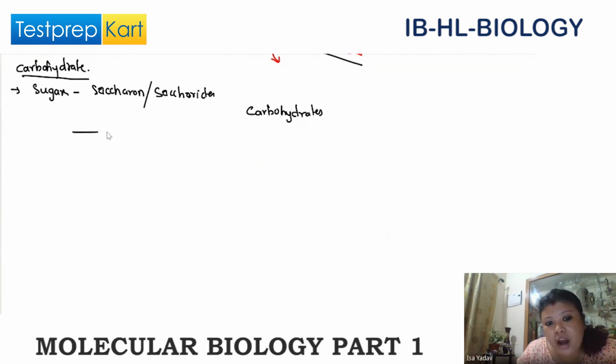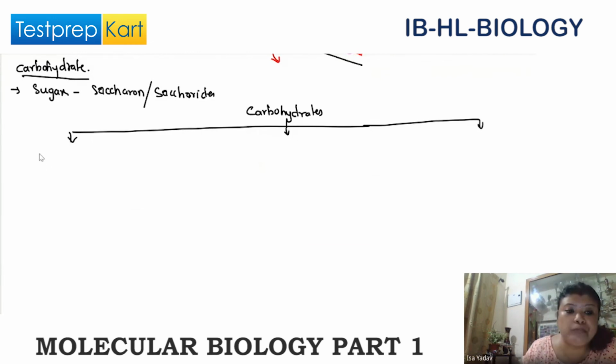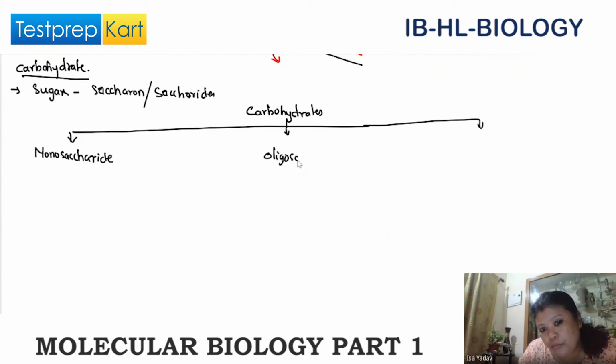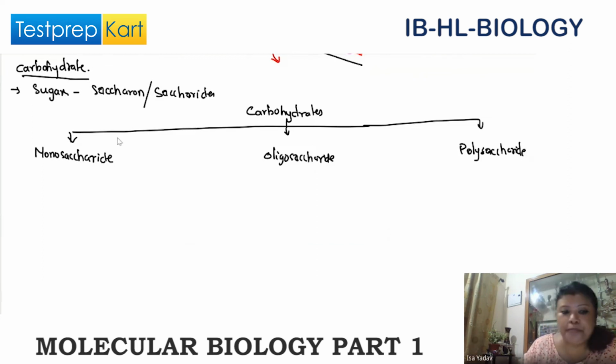Carbohydrates are classified into three categories: monosaccharide, oligosaccharide, and polysaccharide. Monosaccharides are simple sugars.